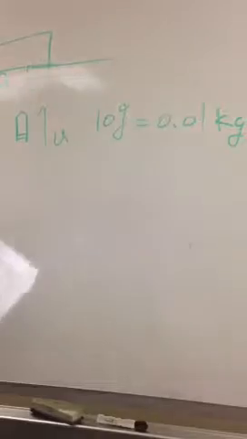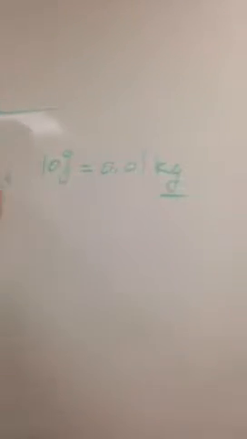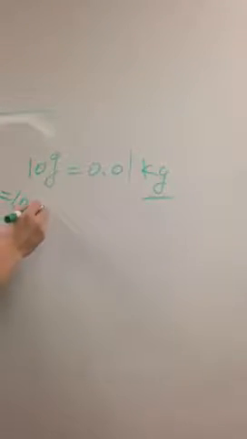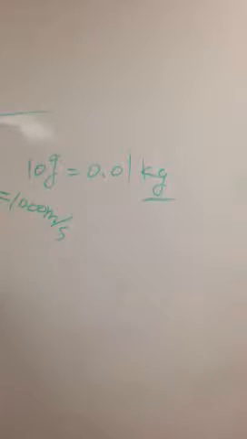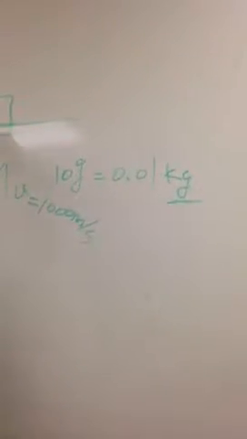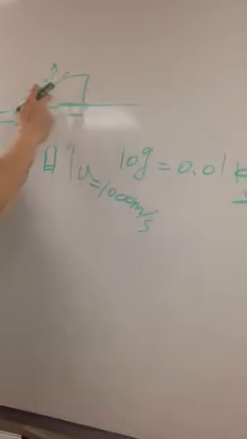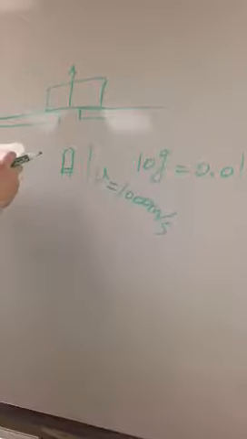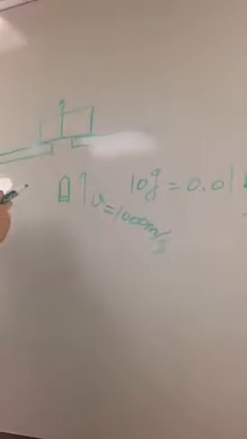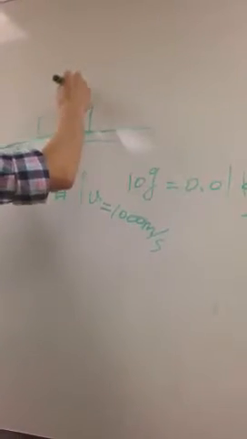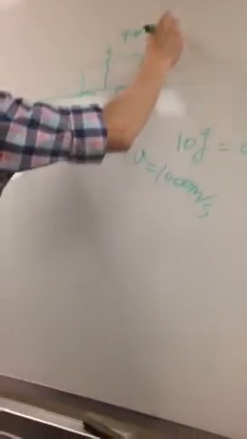In all of your calculations, you need to use kilogram. Okay. And the initial velocity is 1,000 meters per second. The bullet passes through, so it went through this block, and when it came out, the speed turned to 400 meters per second.